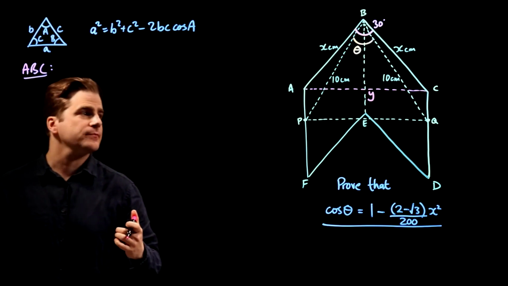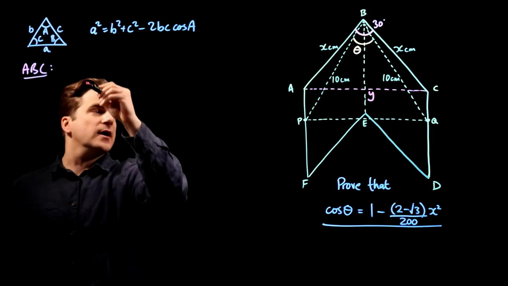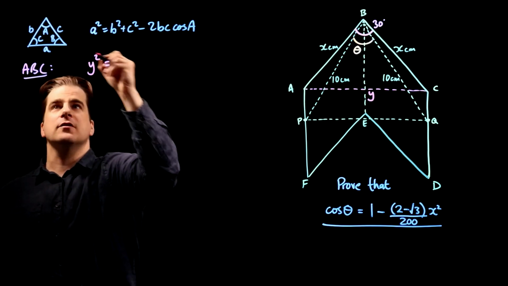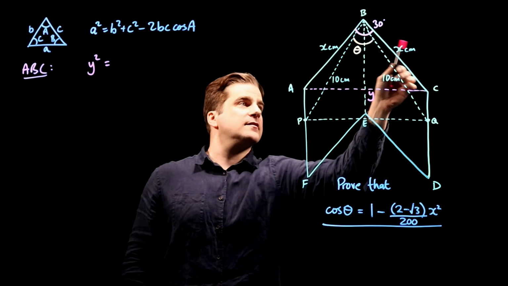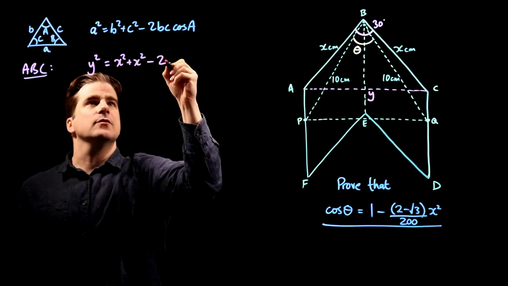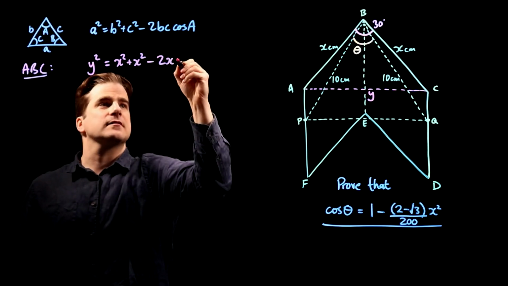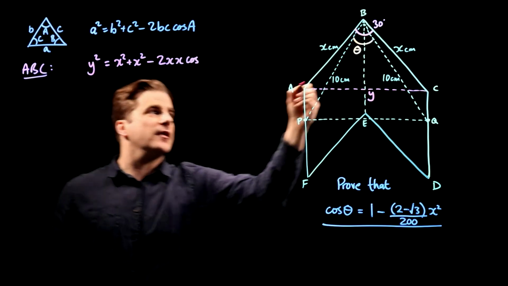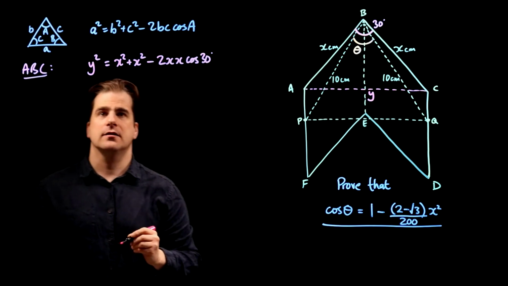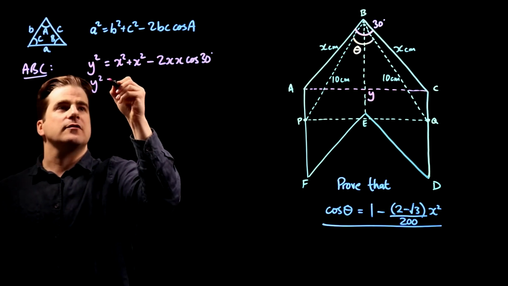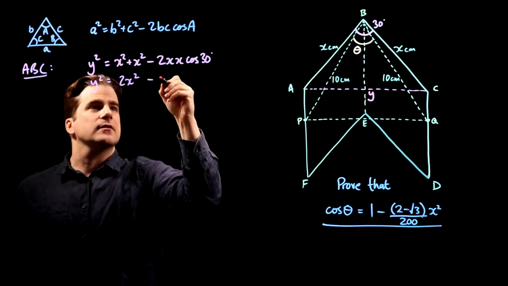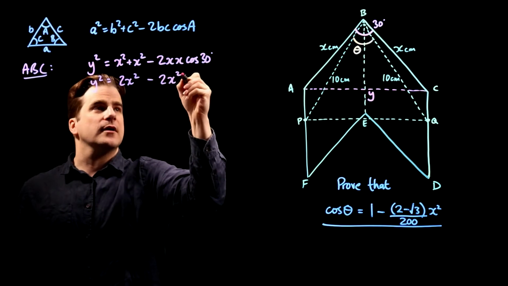So for ABC, A squared, that's at the bottom, that's y squared. y squared is equal to B squared plus C squared, so that's x squared plus x squared minus 2BC, 2x times the cosine of the angle between them, that's 30, cos 30. So let's neaten that up. y squared is x squared plus x squared is 2x squared, minus 2 times x is 2x squared.